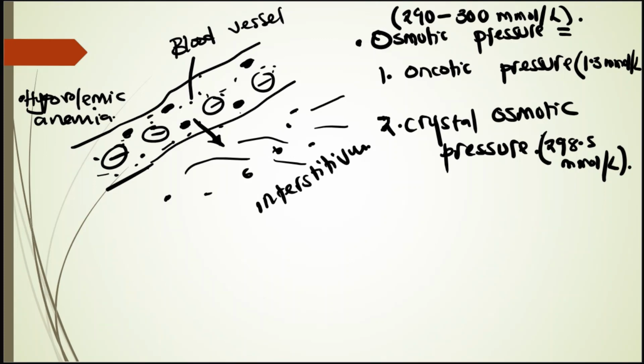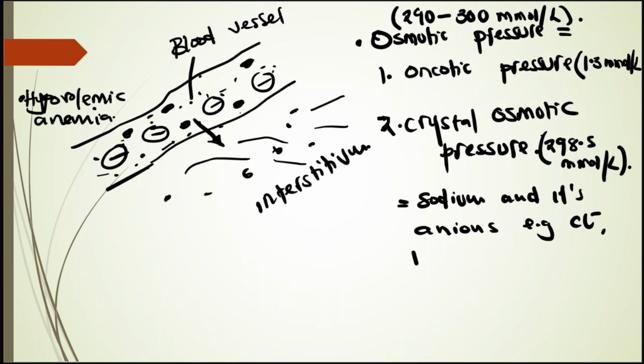The bulk of it is provided by sodium and its anions, like chloride and bicarbonate. The other electrolytes or molecules that contribute to it are potassium, and also glucose.